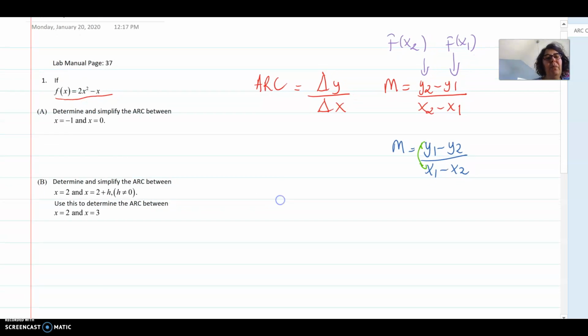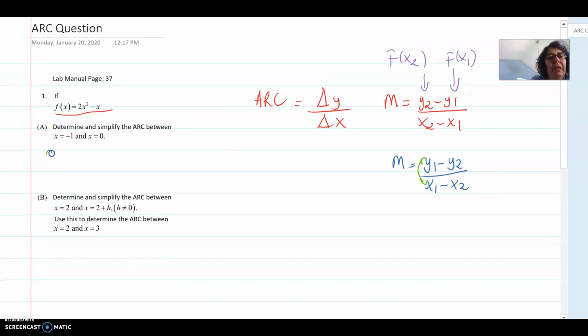So what we're going to do here is plug f of -1 into our function: 2 times -1 squared minus -1. We're going to calculate that value. -1 squared is 1, times 2 is 2. 2 minus -1 is 2 plus 1, which is 3. I need to get that value recorded somewhere.